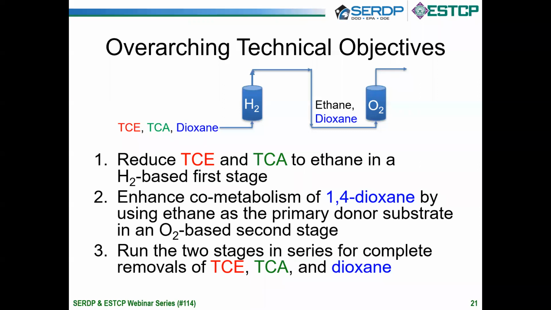The dioxane will pass through that first stage. And then in the second stage, we will have an aerobic biodegradation of the dioxane and the ethane, and it'll be a co-metabolic process, and the ethane is essential for driving the biodegradation of the dioxane. And these two then are run in series, so that's why we call it a synergistic process.